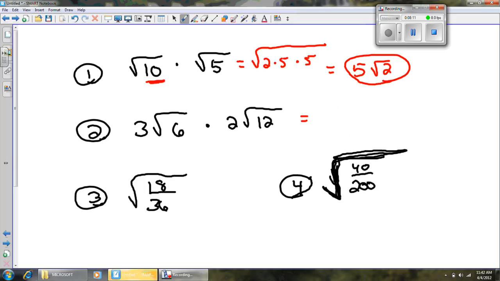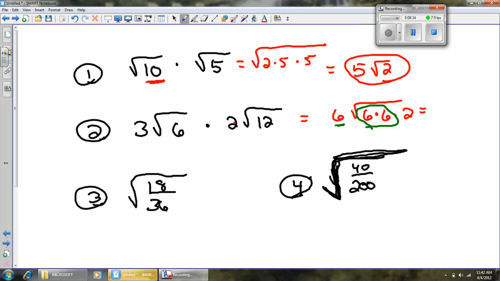Number 2. What do I do with the 3 and the 2? Well, I'm going to multiply them. And inside, I'm going to have a 6 times, and I'm going to break that 12 down into 6 times 2. So I have another pair of 6s here. This pair of 6s can leave the house out on one date. But there's a 6 out front.